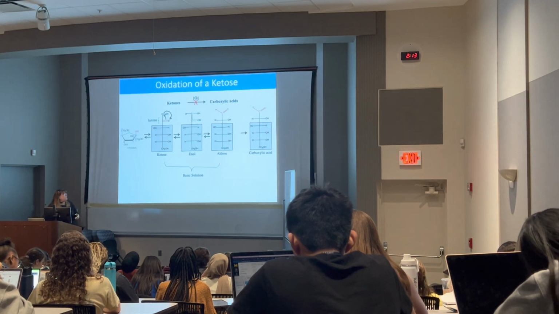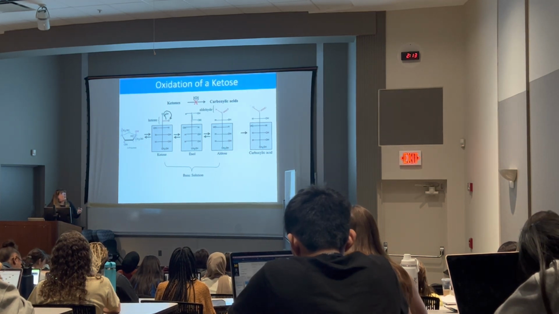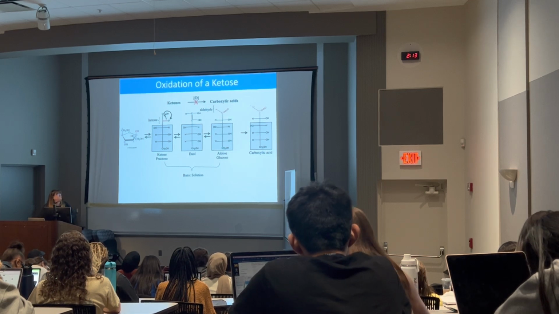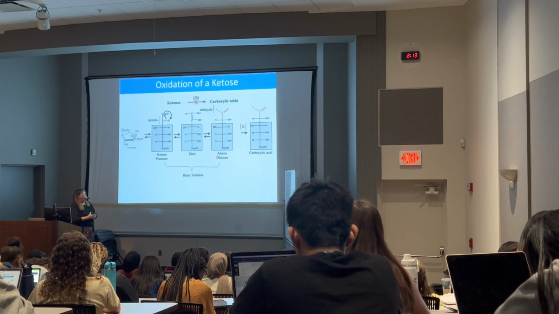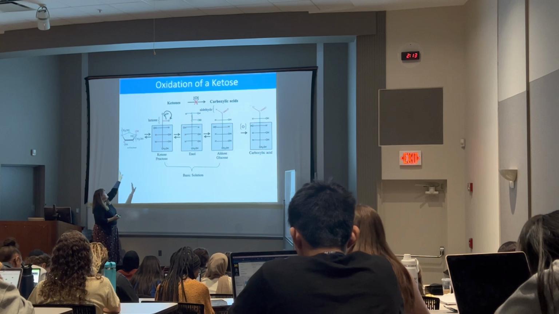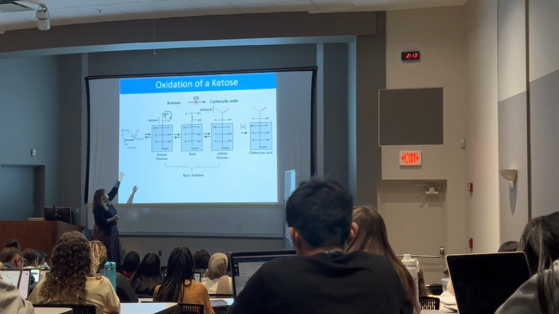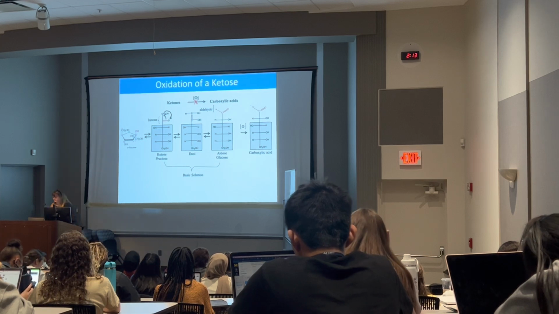Now we have glucose over there, the aldose, and that is what gets oxidized to a carboxylic acid. It's only a special case that ketoses can be oxidized, because of the alcohol group on the carbon next to the doubly bonded oxygen.